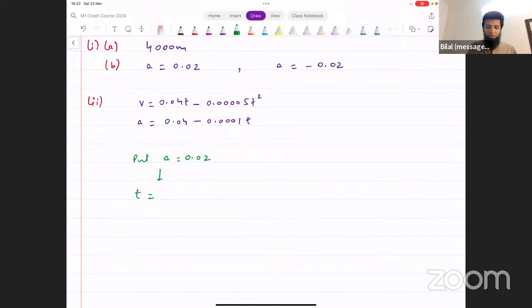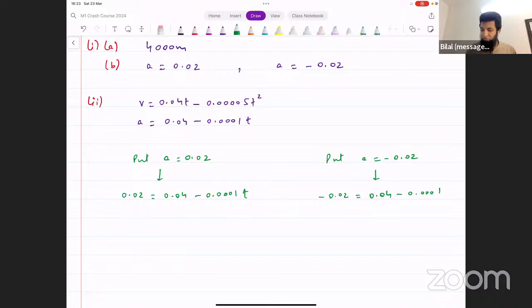Now you have to show working for this. So you'll say 0.02 equals 0.04 minus 0.0001 times t. And then you input a equals minus 0.02, and that will give you minus 0.02 equal to 0.04 minus 0.0001 times t.